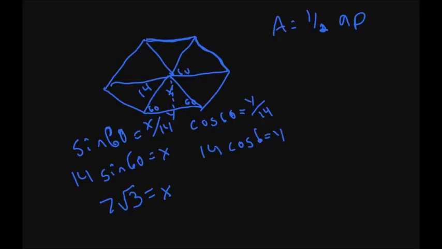So 14 cosine 60, type that in the calculator, you're going to get 7. If we remembered our 30, 60, 90 rules, then you wouldn't have had to do all that. But I was forgetting that at that moment, but that's okay. Alright, so we know half of this line is 7, so the whole thing is going to be 14. So each one of these sides is going to be 14.